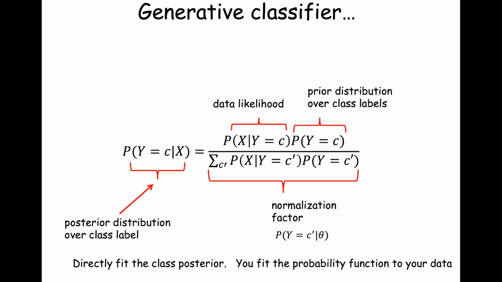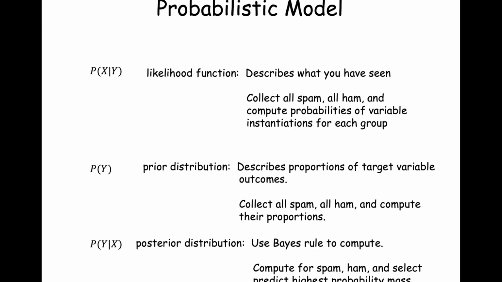And we said that all of these terms on the right-hand side of this expression for Bayes' rule, you can calculate quite readily from the data. The likelihood function describes what you've seen. For this, in the context of a spam classifier, you collect all the spam, all the ham examples, and then you compute the probabilities of the variable instantiations for each of those groups.